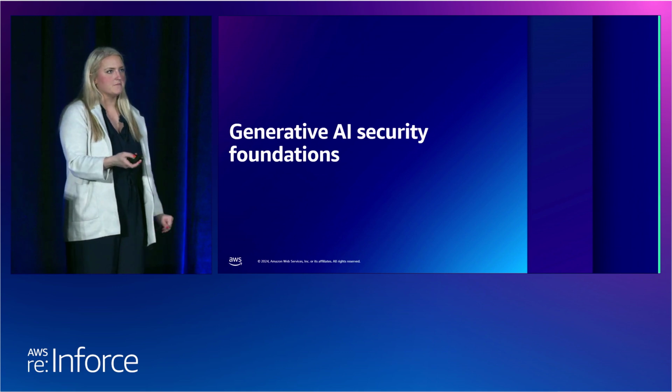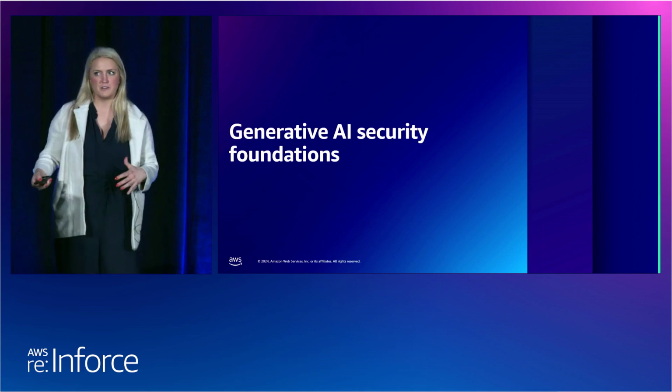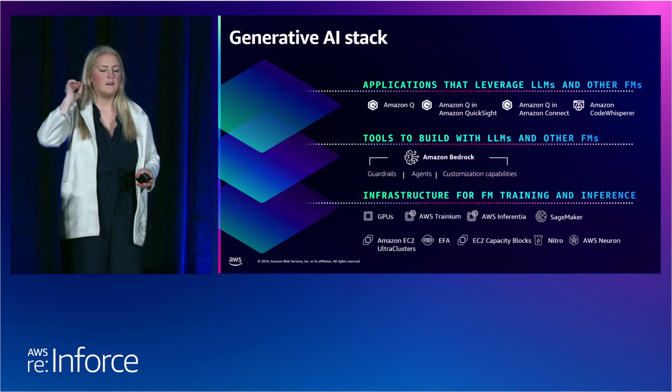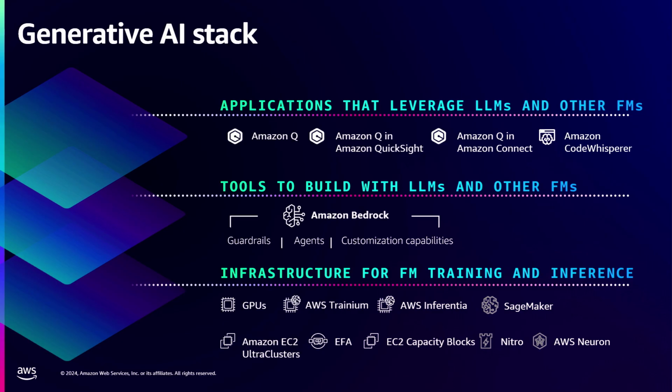To go forward with some foundations with generative AI security. You have, first and foremost, applications that leverage large language models. So within AWS, this is your Amazon Q family of services. You're not necessarily directly interacting with the large language model.